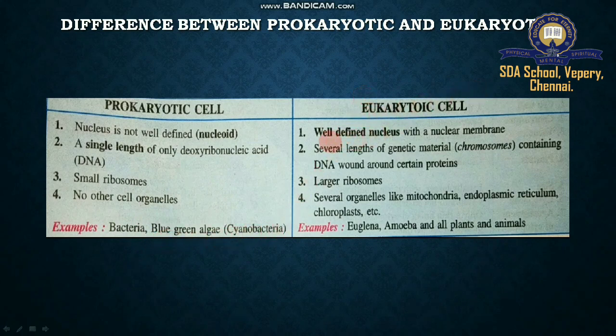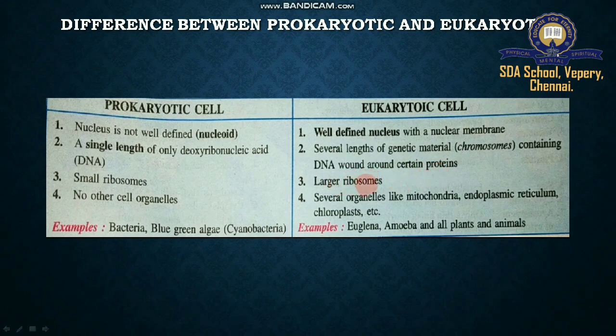Eukaryotic cell: a well defined nucleus. The cell has a very well developed nucleus with a nuclear membrane. The nucleus is surrounded by the nuclear membrane. There are several lengths of genetic material, chromosomes containing DNA wound around certain proteins.